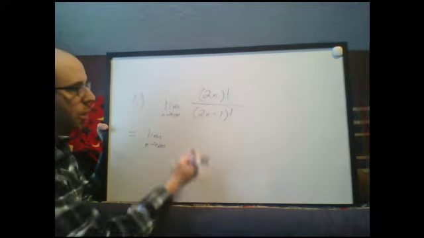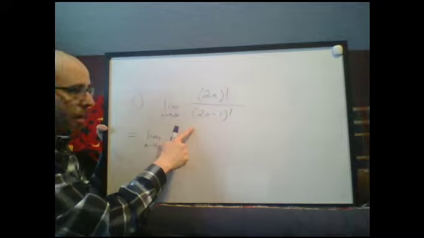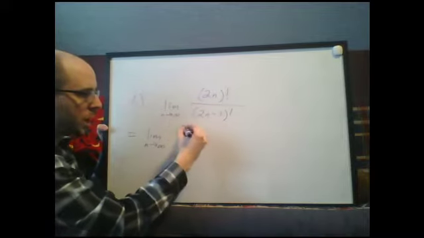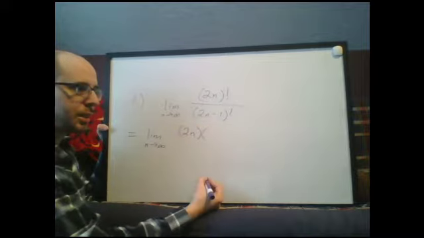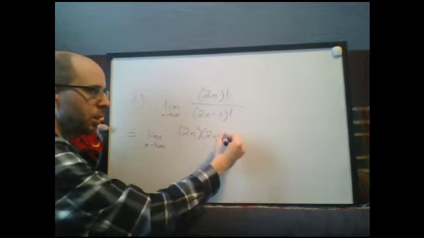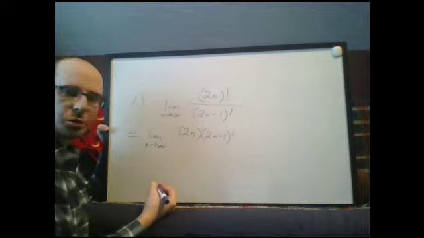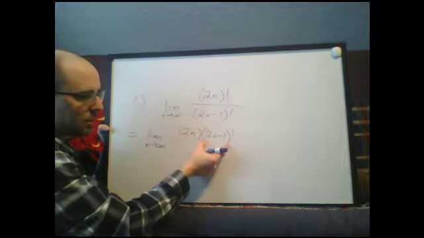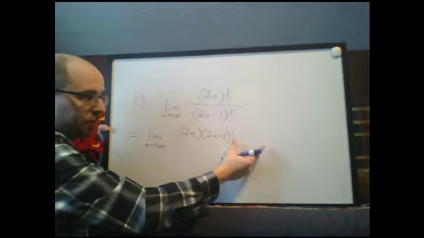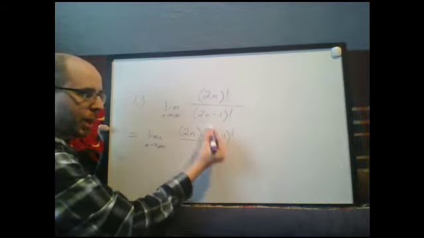And then you think, okay, what extra factors does the top have that the bottom doesn't have? Well, if I started writing out the factorial on top, I'd write 2n. The next number down would be 2n minus 1, and I'd keep going. But I have 2n minus 1 factorial from that point on. So I have 2n times 2n minus 1 factorial, and that's exactly what I have at the bottom.